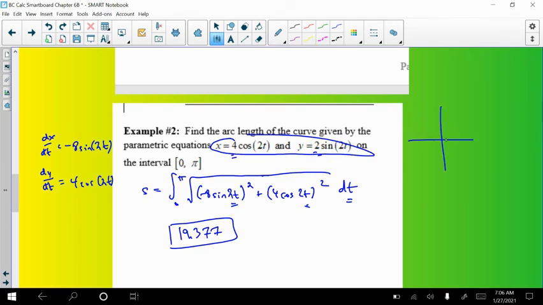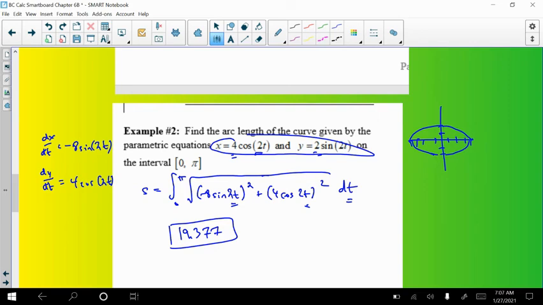If you eliminated the parameter, what you have graphed would be an ellipse. So from 0 to pi, halfway? Well, actually, it depends, because our period is actually pi, so the whole way around the ellipse, that entire circumference of that ellipse would be about 19.377.